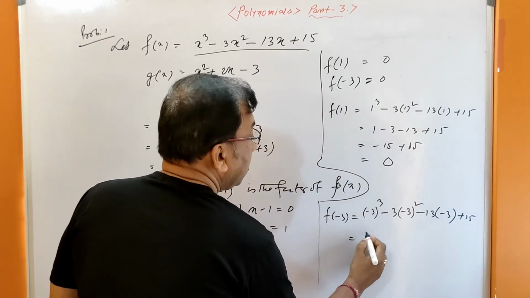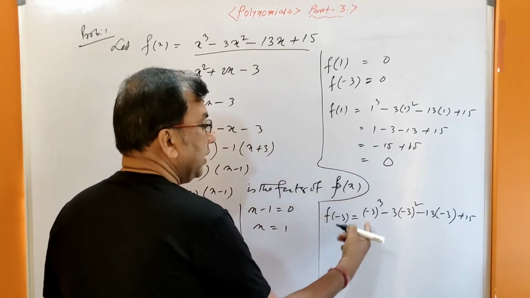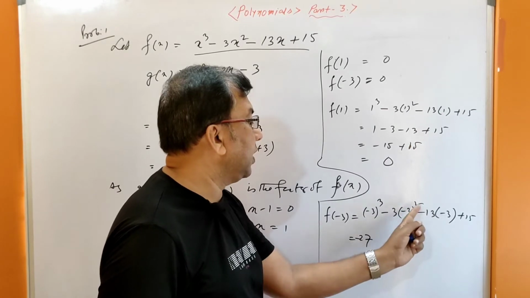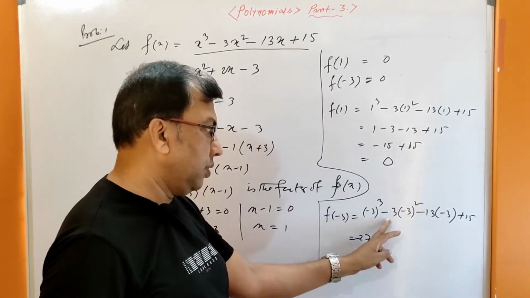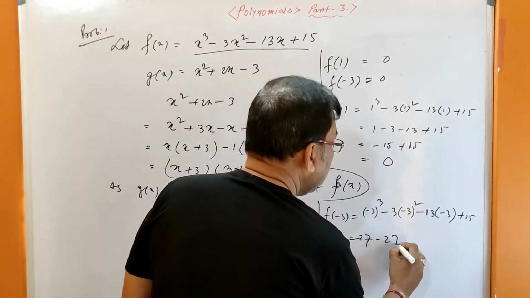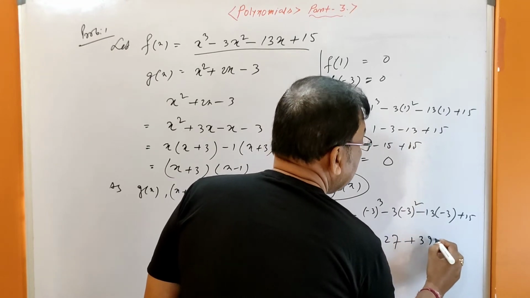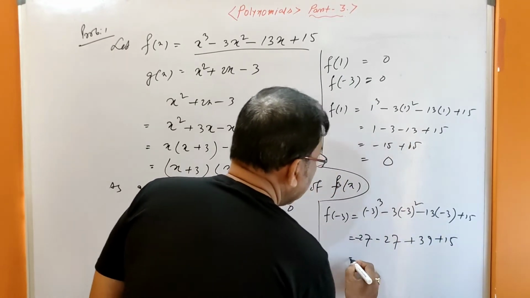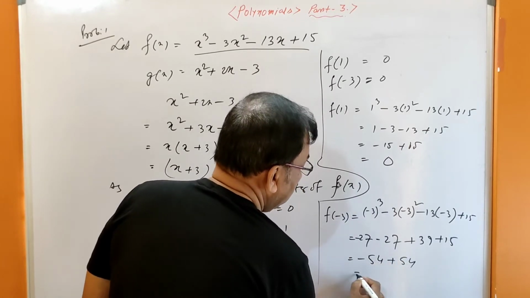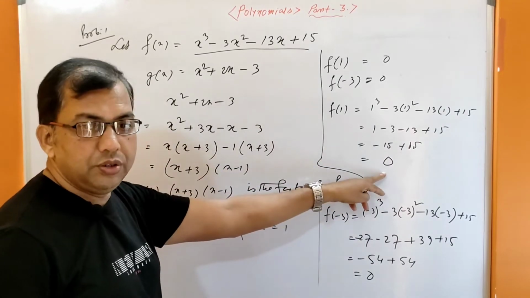Minus 27, minus minus 3 times 9 is minus 27, minus into minus gives plus 39, plus 15. Minus 54 plus 54 equals 0. So f(minus 3) equals 0 and f(1) equals 0.